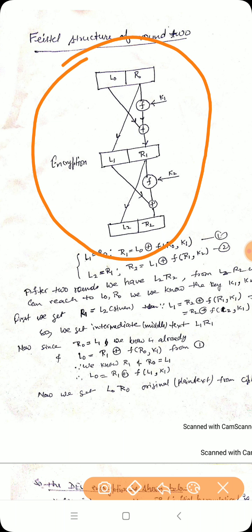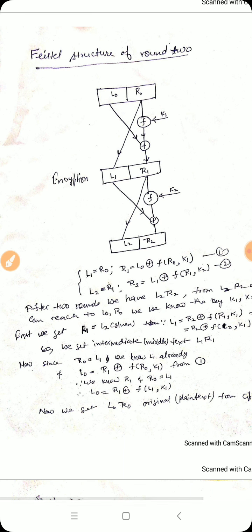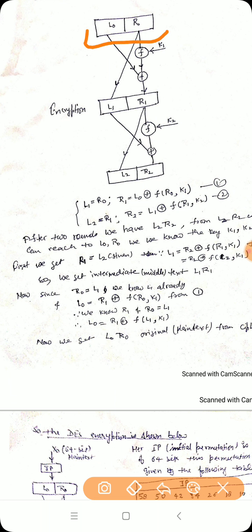In the first round, the block is divided into two half parts, L0 and R0, and this L1 and R1 are the output of the first round, and L2 and R2 are the output after the second round.